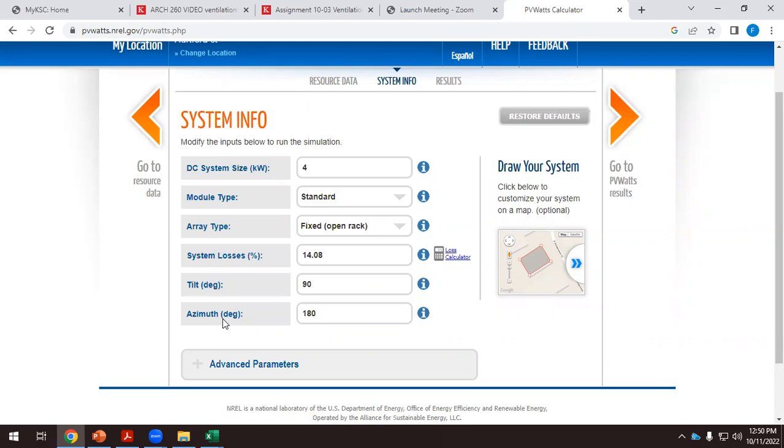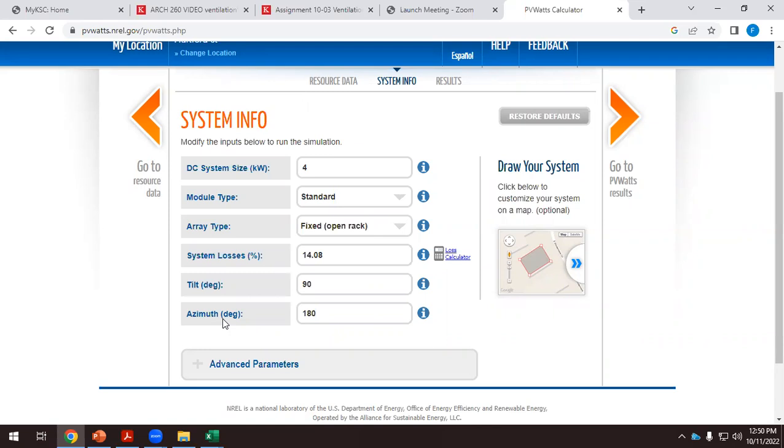Okay, so if our building is here, if I open a window here, this window is south oriented.